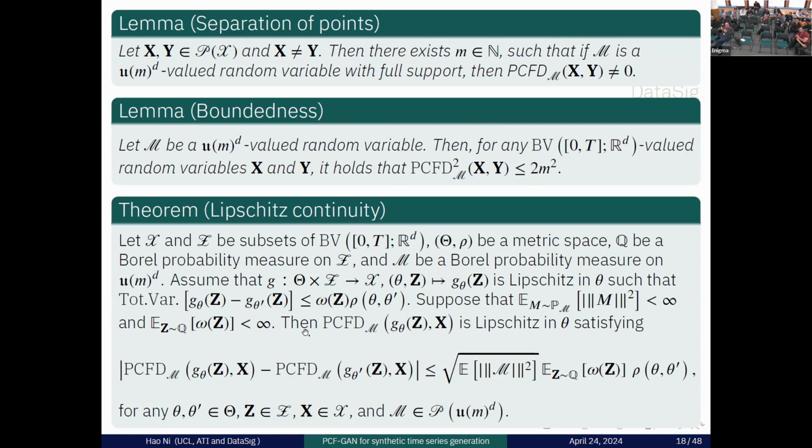This theorem on the Lipschitz continuity states that if the generator G is Lipschitz in the parameter theta, and we consider the PCFD distance between the distribution induced by G theta of X and the true distribution X associated with the linear map, then this is a function of theta, and given the regularity condition, this PCFD distance is Lipschitz in theta, which is the justification for the gradient-based method for optimizing the generator.